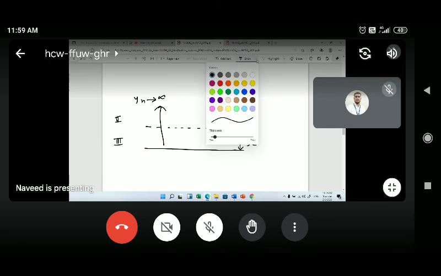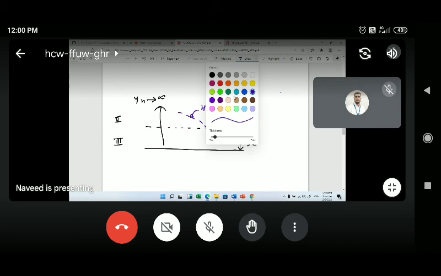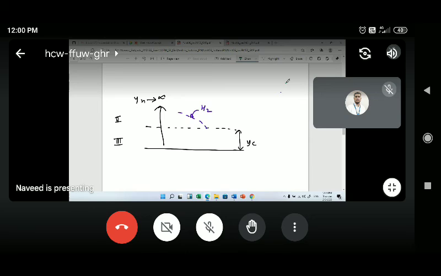So zone 2, the curve will be like this. It will meet the critical line, and this is the H2. And H3 will start with dy by dx equal to S0, and it will end here, again meeting the critical line, and that is H3.